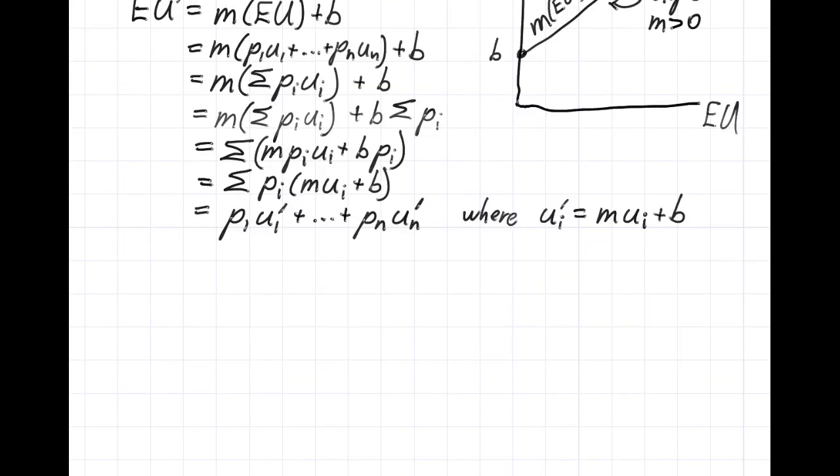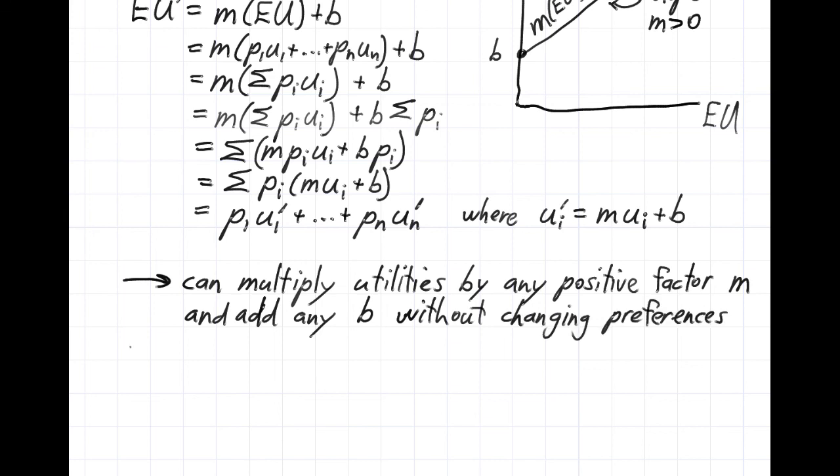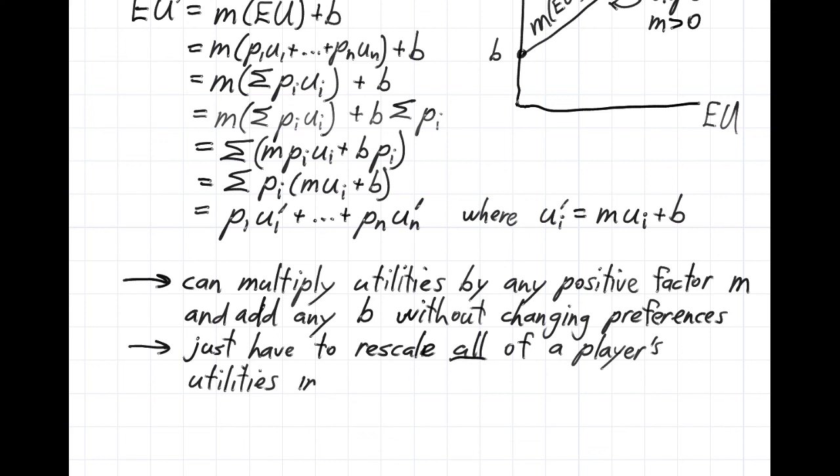So the point of this exercise, this little section here, was just to show that we can multiply utilities by any positive factor, M, and we can add any amount, B, to the utilities without changing the preferences. And the only constraint there, besides M being positive, is that we just have to do this rescaling for all of a player's utilities in the same way.